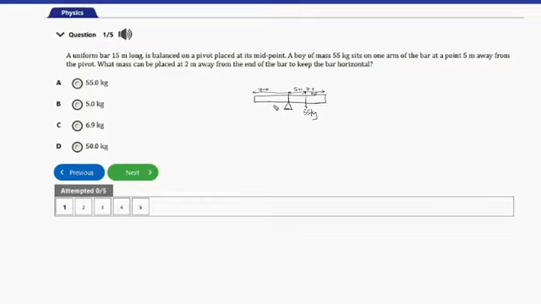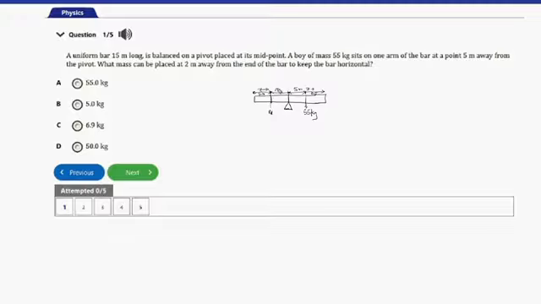So for the left part of this, we said what mass can be placed at 2 meters from the end of the horizontal bar. From the end to this point is 2 meters.